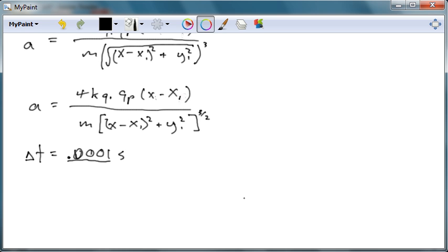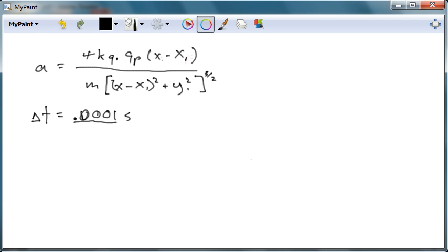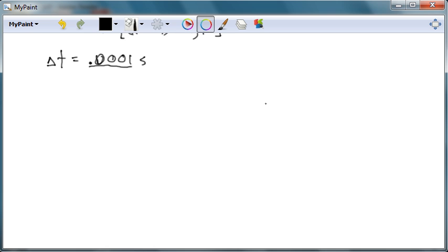The point is that the acceleration changes so little over that time interval that we can treat it as constant for that short time interval. Same thing with the velocity. So we've got to imagine dividing up time into a bunch of short little time intervals.